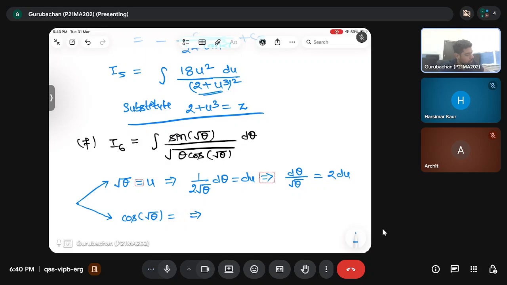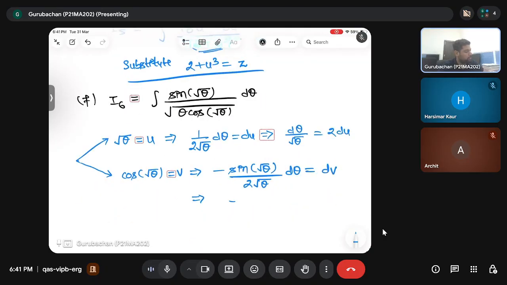So this one will give you minus sine under root theta divided by 2 under root theta d theta is equal to dv, and moving to the right hand side, this will be minus 2 times dv.